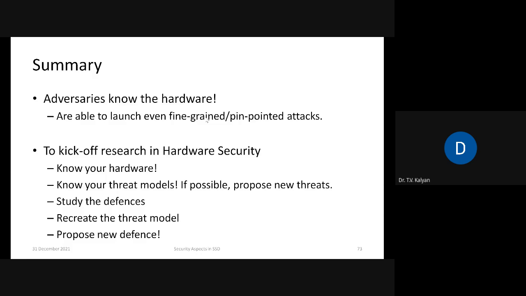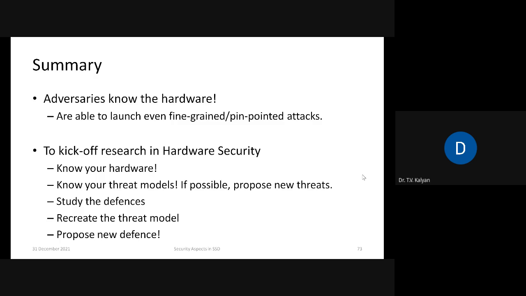For whatever reasons we pursued the betterment of hardware, it has left a lot more attacks possible, right? And the attackers are able to launch very fine-grained or pinpointed attacks because they have the knowledge of the underlying hardware.